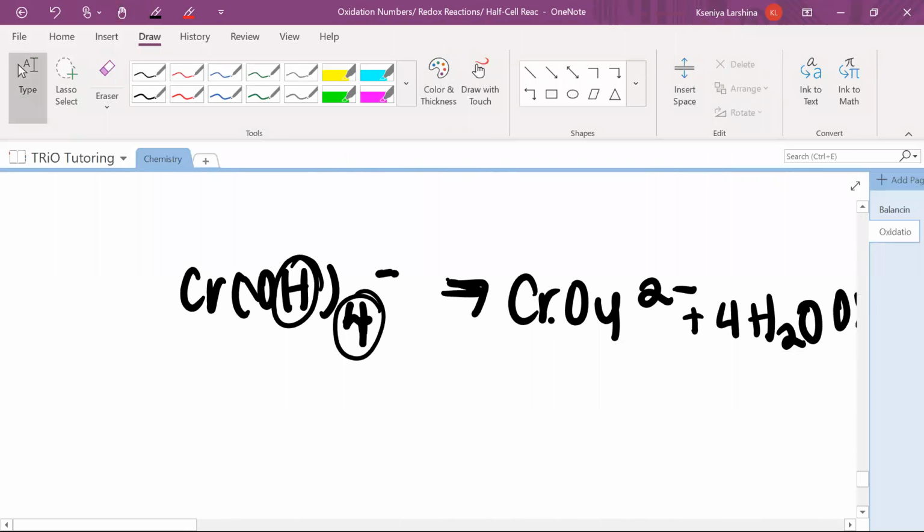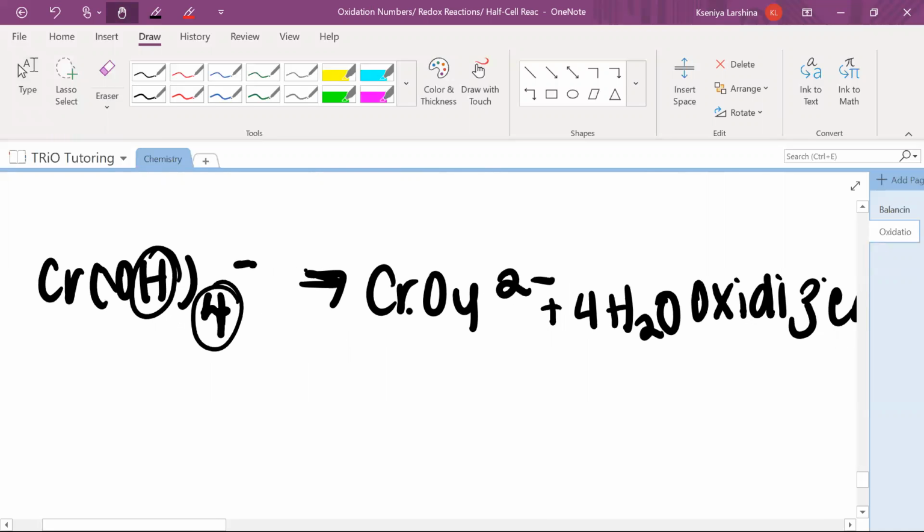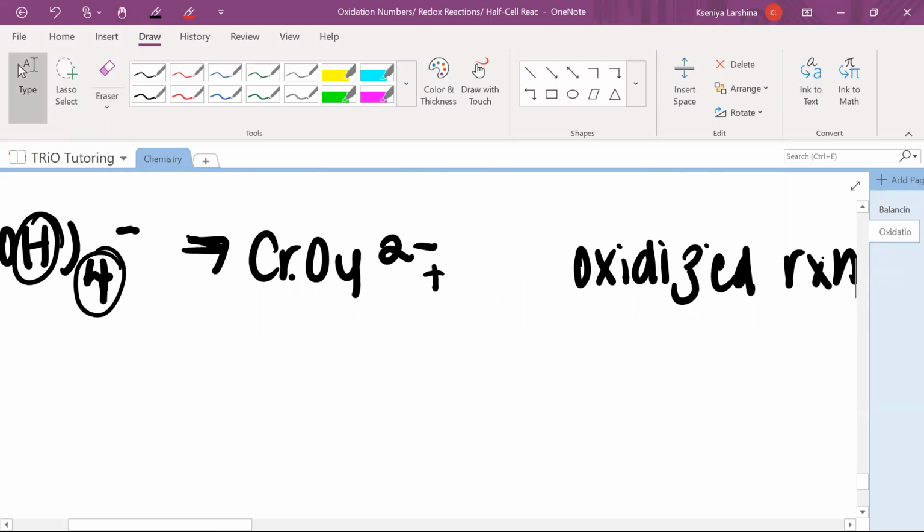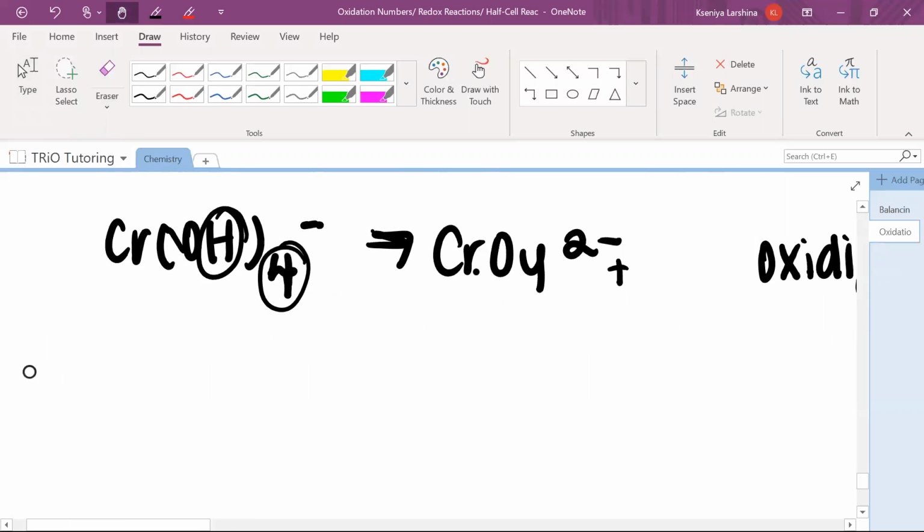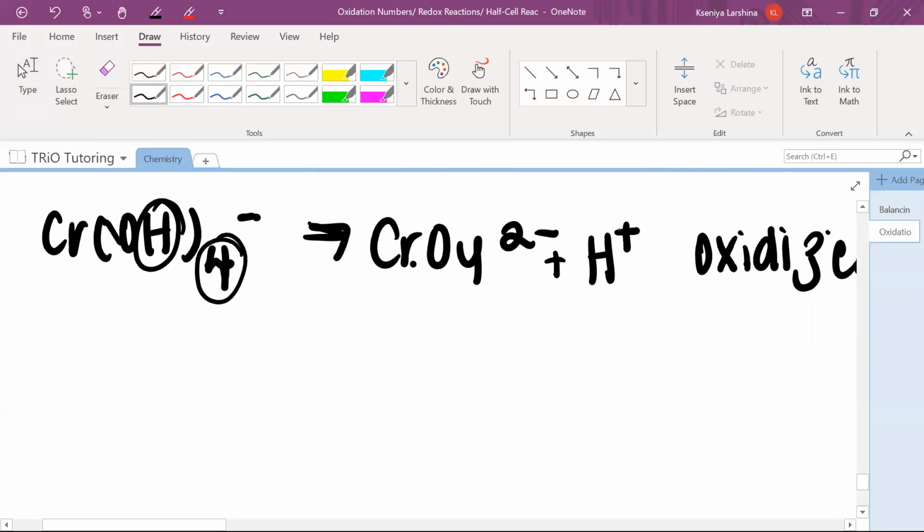And then add 6 H plus. Okay, so wrong. This is adding 4 H plus because we have 4 H's on that side, but we have our 4 oxygens.